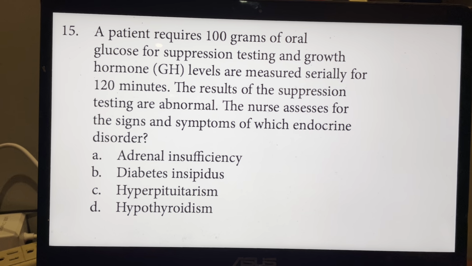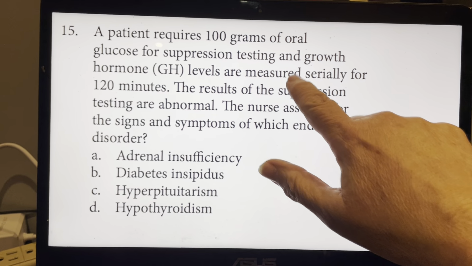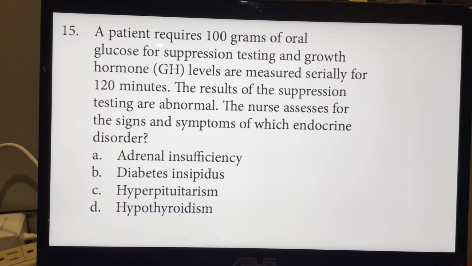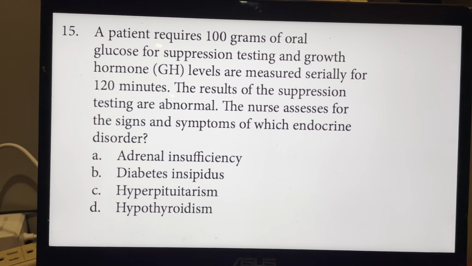A patient requires 100 grams of oral glucose for suppression testing of growth hormone levels. For suppression testing, growth hormone levels are measured serially, like every 2 hours, for 120 minutes. The results of the suppression testing are abnormal, and the nurse assesses for the signs and symptoms of which endocrine disorder?